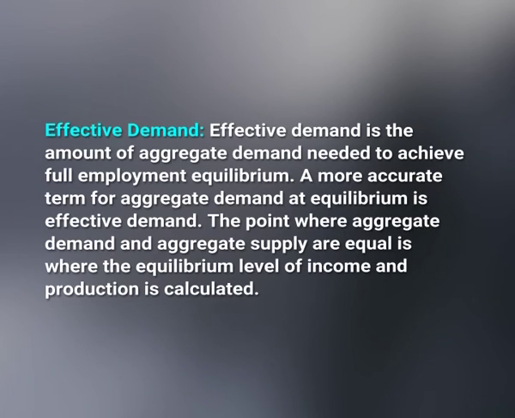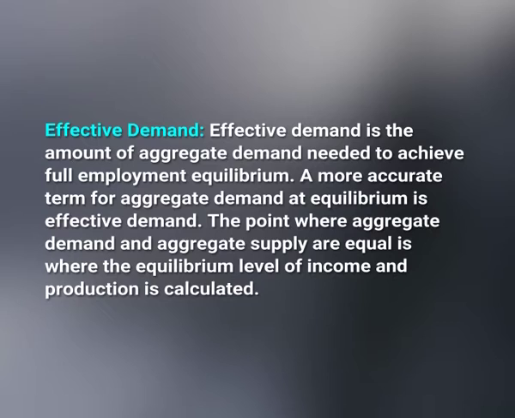Whatever firms produce is either consumed by households or invested by firms according to the equilibrium situation. In the economy, neither a surplus nor a deficit exists. Effective demand. Effective demand is the amount of aggregate demand needed to achieve full employment equilibrium.